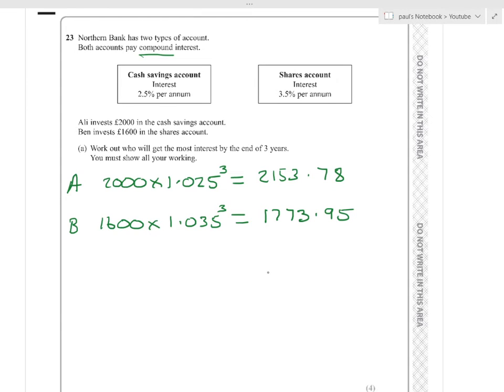It was a big difference, because he's put £400 extra in there to start with. So who will get the most? The most interest. Ah, not the most money.